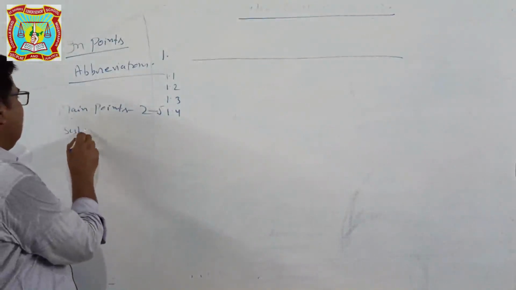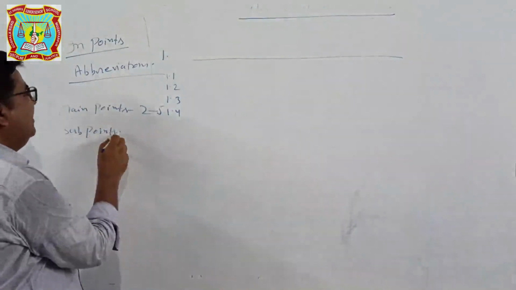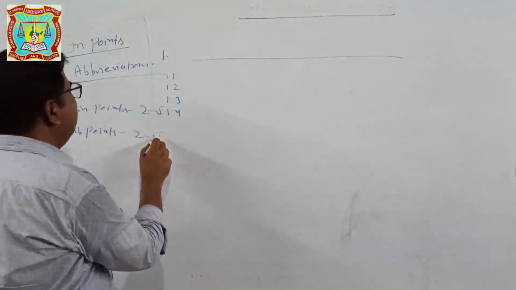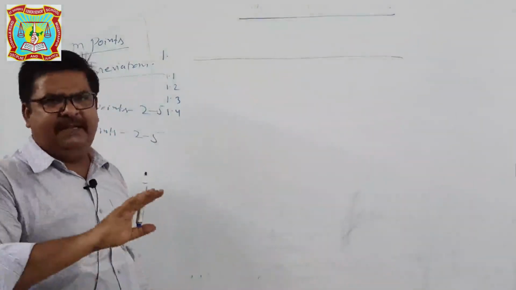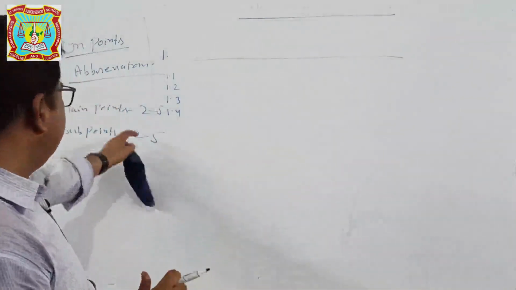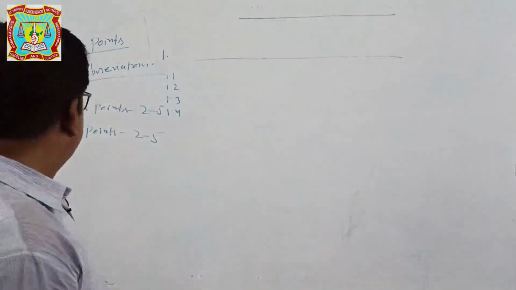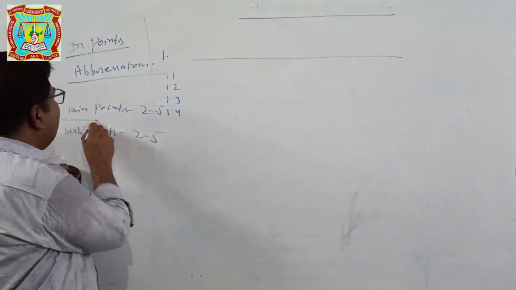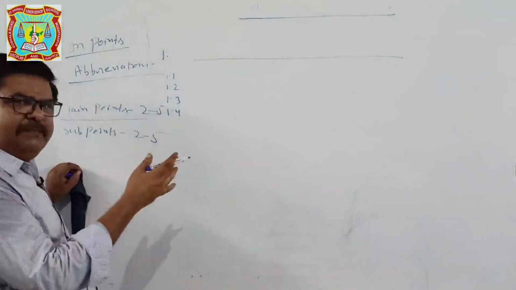Likewise, sub points also at least 2 or maximum 5, or you can go to 6 even. But you need not go for 6. 5 is enough.